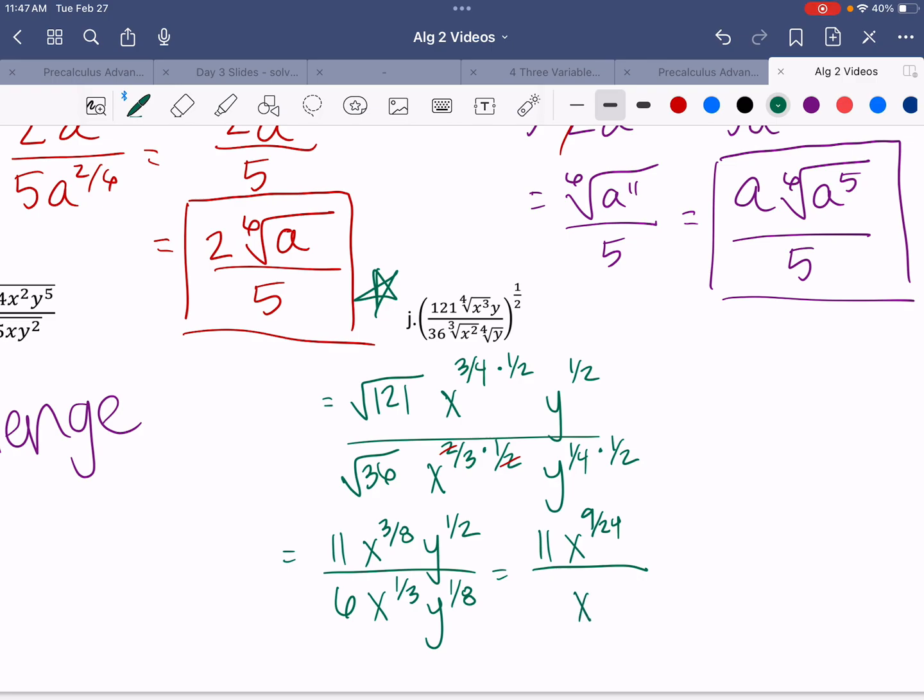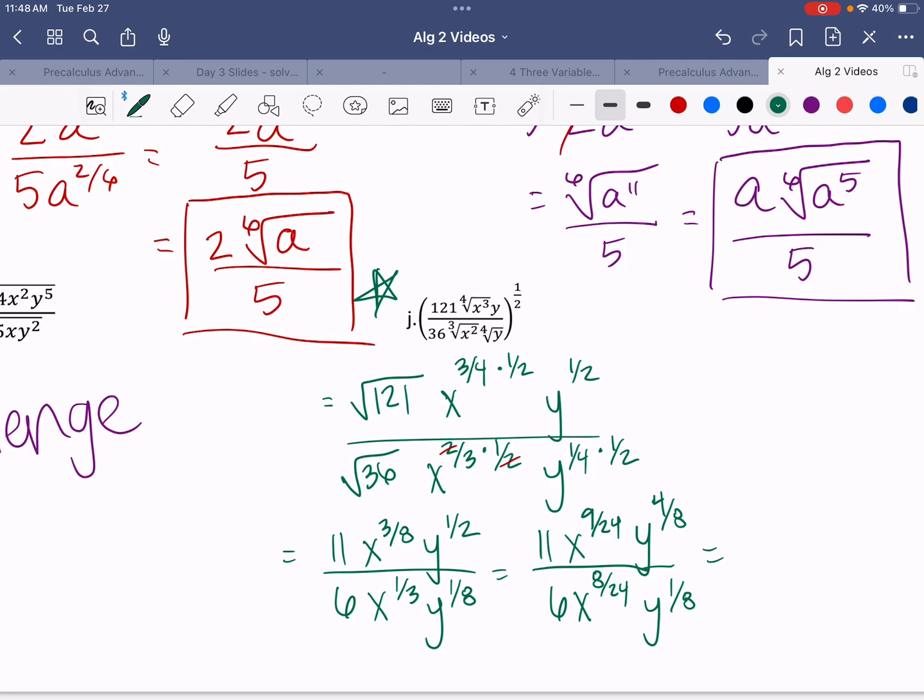This one down here is 8/24. And then with my y's, I'm going to convert that into eighths. So 4/8 and 1/8. Okay, almost there. And now I'm going to subtract.